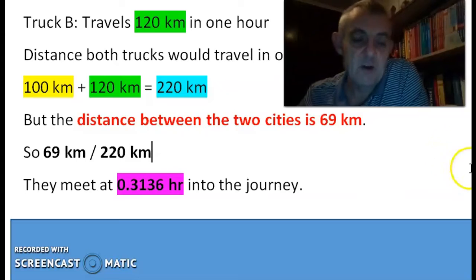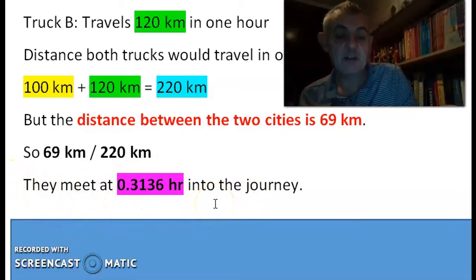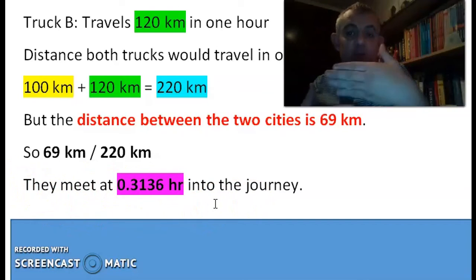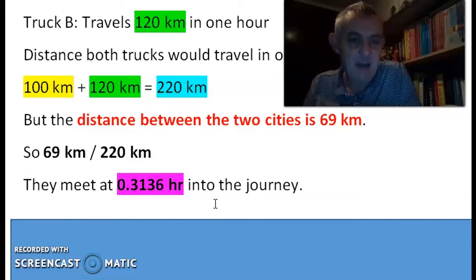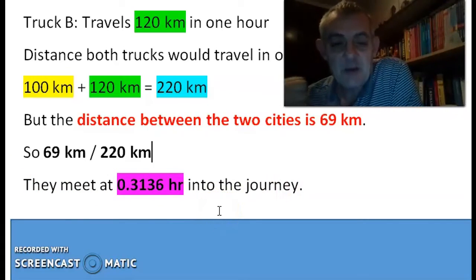Okay, so they will meet when they have both been traveling. And remember, we can solve this because when they cross each other's paths, they would have both been on the road for the same time. So that is the key aspect to answering part A, is to know that when they cross each other, they would have been on the road for the same time.